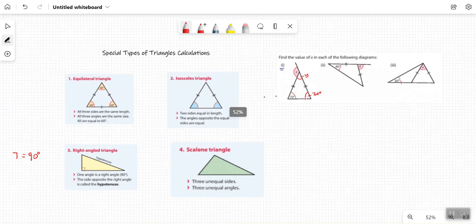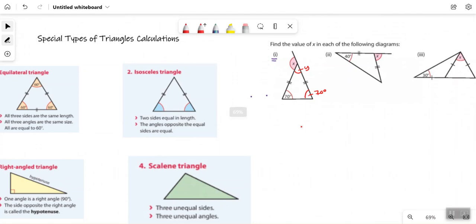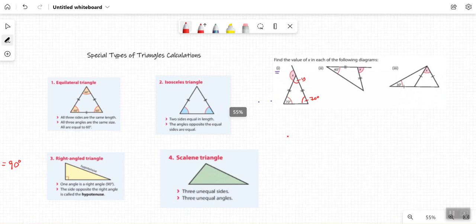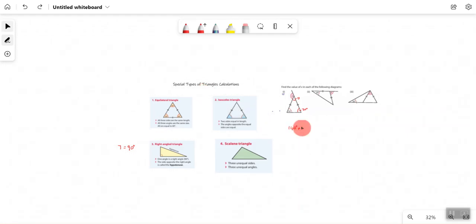So how can we go about solving this? What we can do is use algebra. The three angles in here have to add up to 180 degrees. So 70 and 70 is 140, plus y, equals 180 degrees.